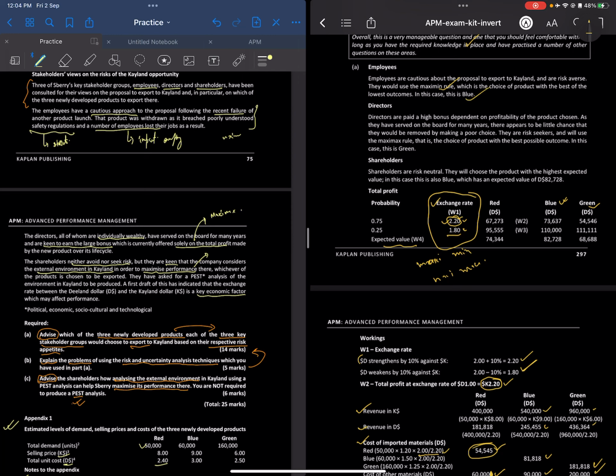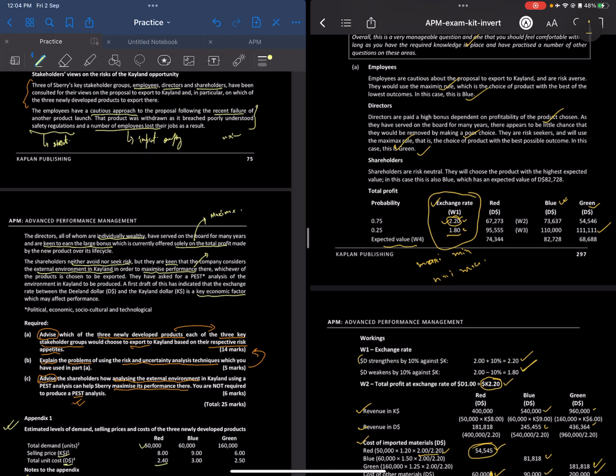And directors are paid a bonus, which is dependent on the profitability of the product chosen, right? So they have a secure position, and there is little chance that they will be removed by making poor choices. Hence the maximax rule will be applied, and they'll go with the green, this value.